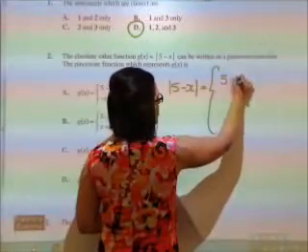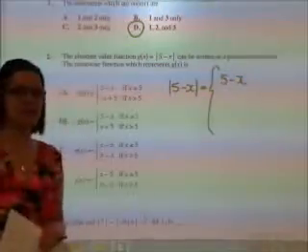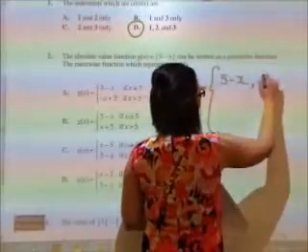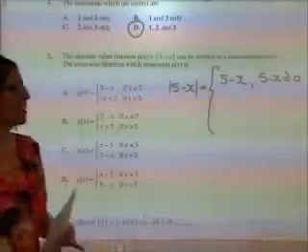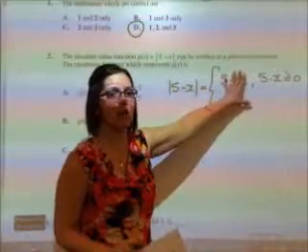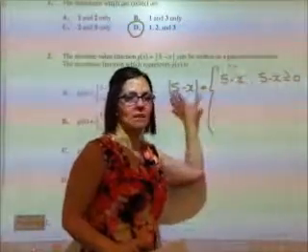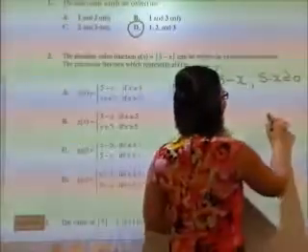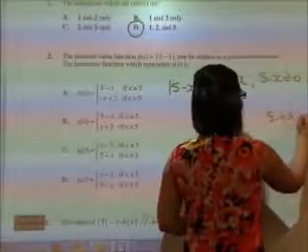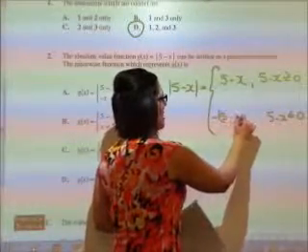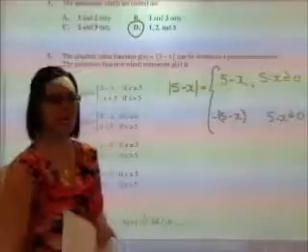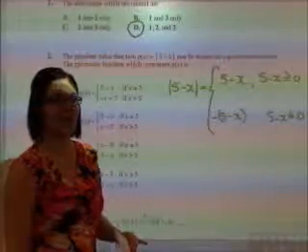I have just the 5 minus x, and that occurs whenever this value is greater than or equal to 0. Because whenever 5 minus x is a positive number, I'm okay. It's when 5 minus x is a negative number, then what I need to do is multiply that expression by a negative.